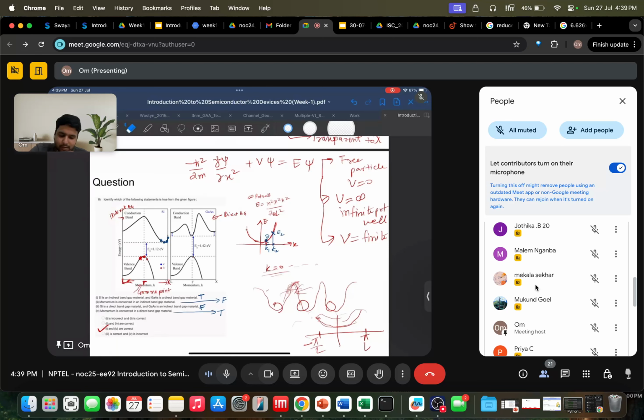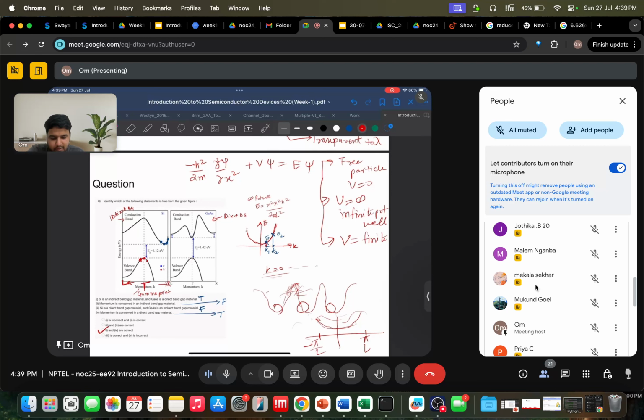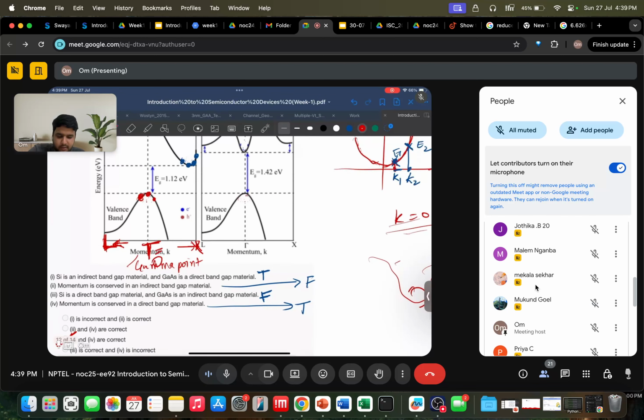And this is just again a representation, right? I just said this is a gamma point. I never said this is zero. This is the X point. This is the L point. We don't know exactly what the momentum value is there. These are just relative positions, okay? This gamma does not mean it is zero.